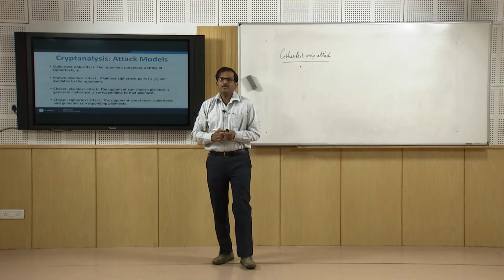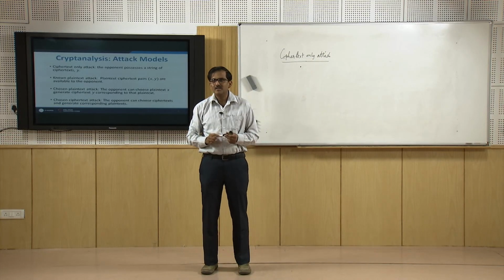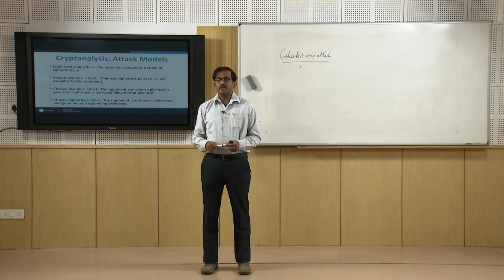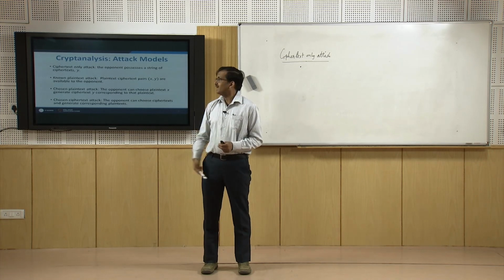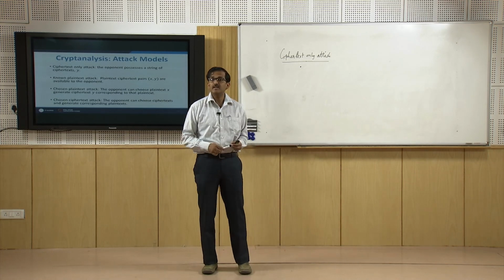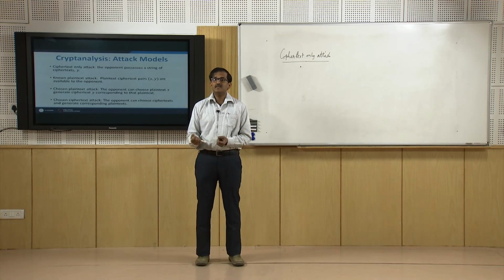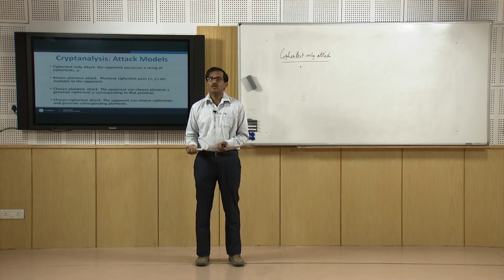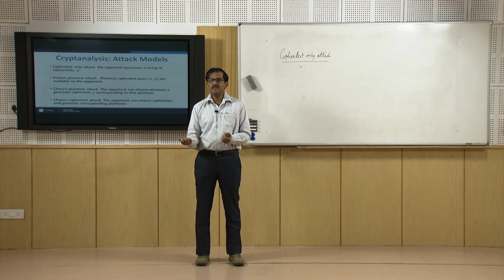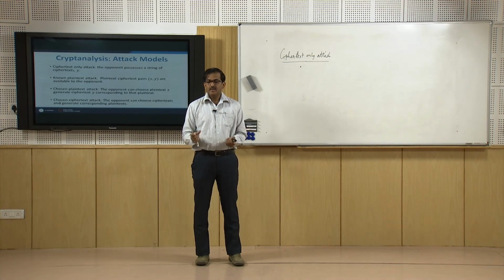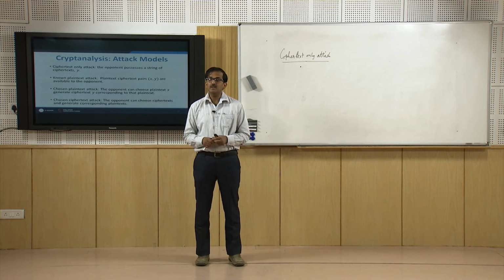Now, of course, one will ask what else the attacker should be knowing. The answer is that the attacker in practice can know something much more, and that gives rise to the known plaintext attack, where we assume that the attacker has several pairs of plaintext and ciphertext enciphered using a particular key, but the attacker does not know the key.